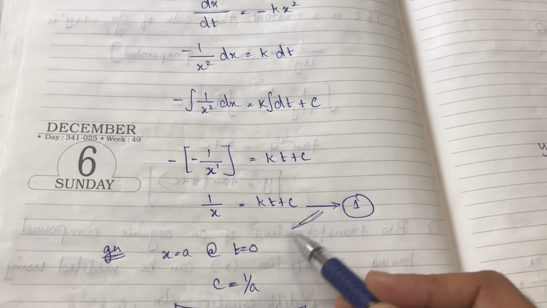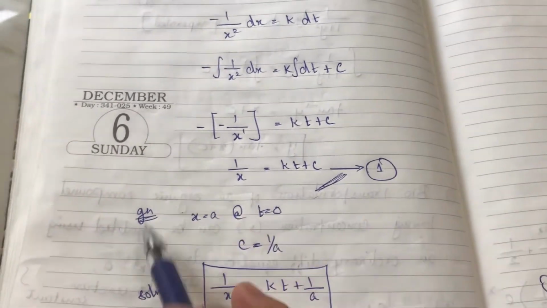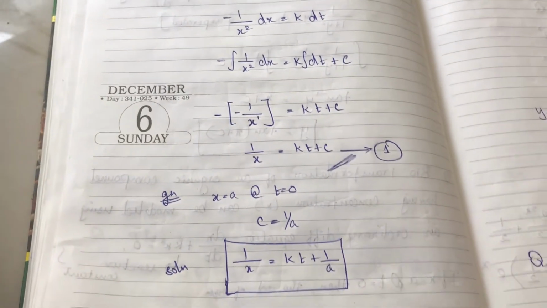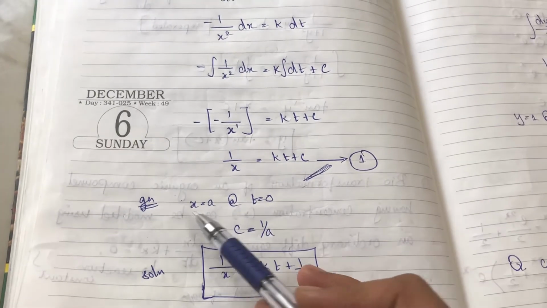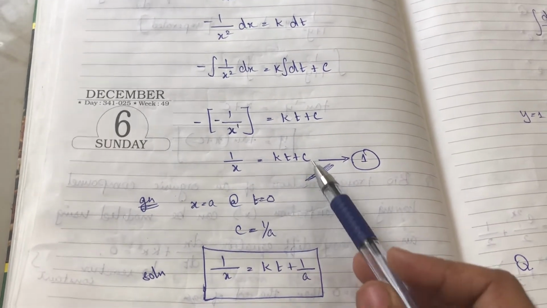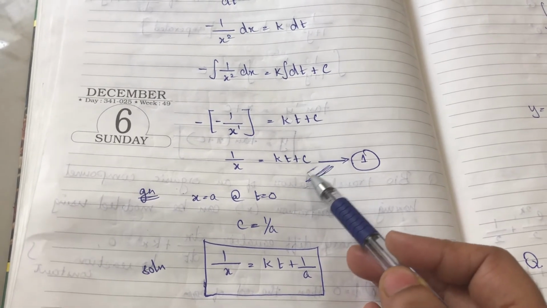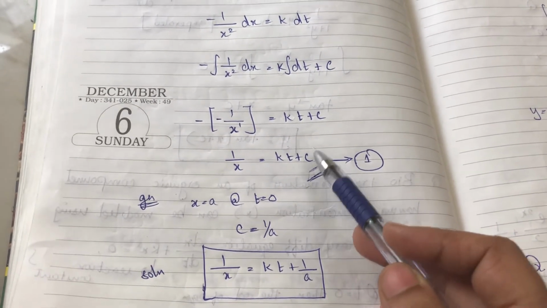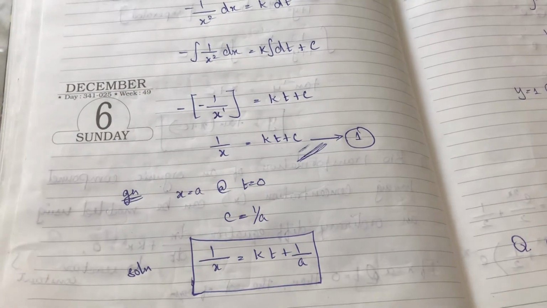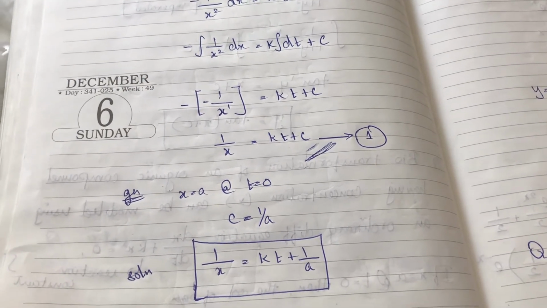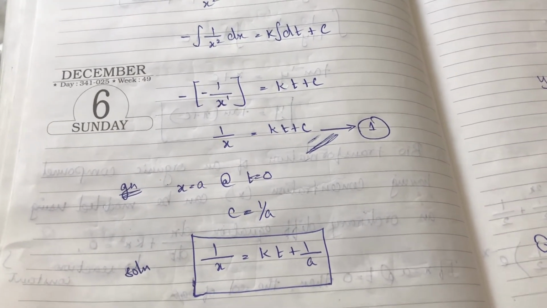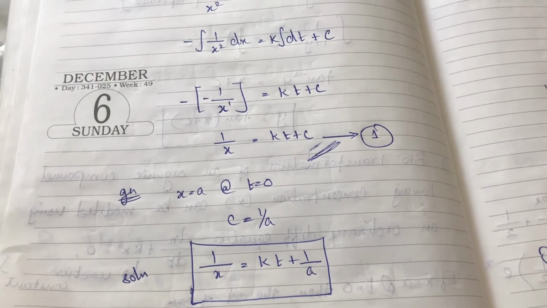I just got the equation. After that, substitute the value, you will get the answer. So substitute x equal to a and t equal to 0, you will get the answer for the constant c. Substitute this c value in this equation 1, and you will get the solution. So it is dead easy.